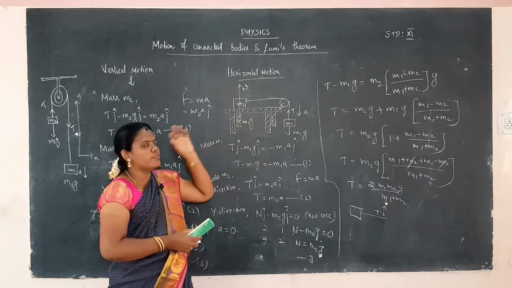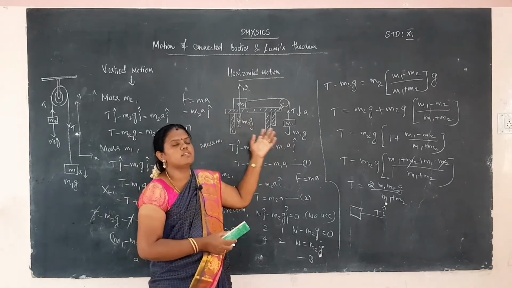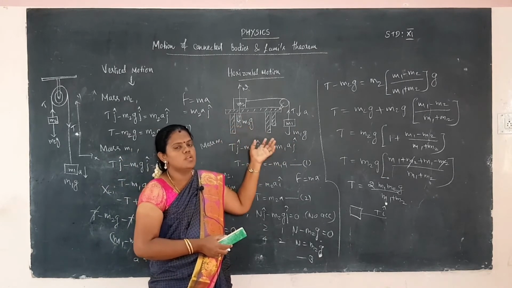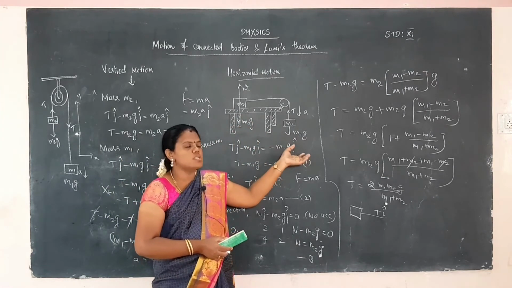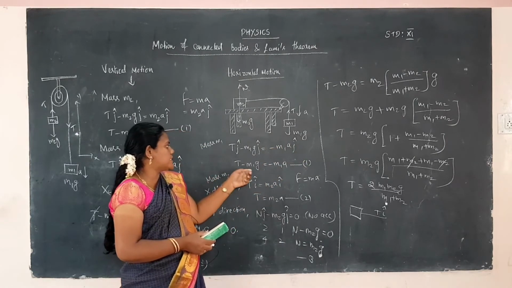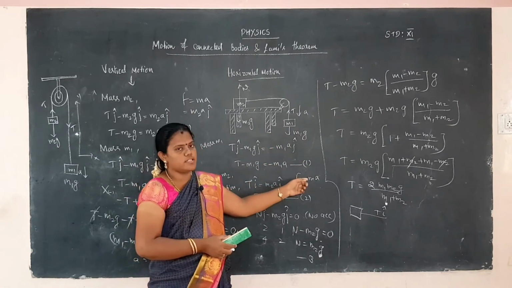What are the forces acting on m1? m1 is considered only in the y direction, so we easily find T minus m1g is equal to minus m1a in the first equation.